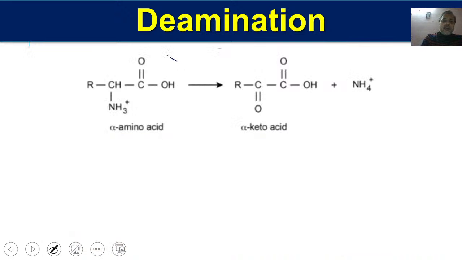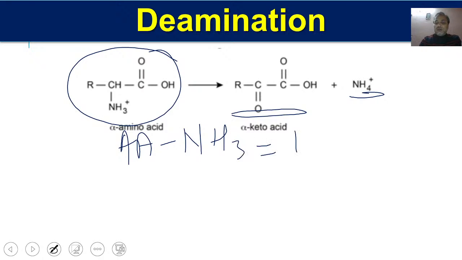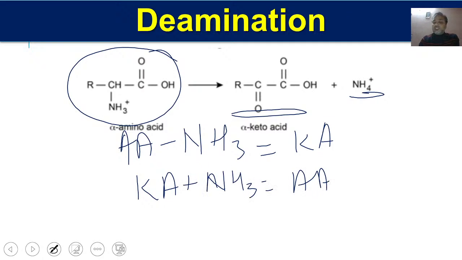So whenever we have an amino acid, if we remove ammonia from the amino acid, we get a keto acid. So amino acid minus ammonia equals keto acid, or you can say keto acid plus ammonia equals amino acid. We have different types of deamination reactions.